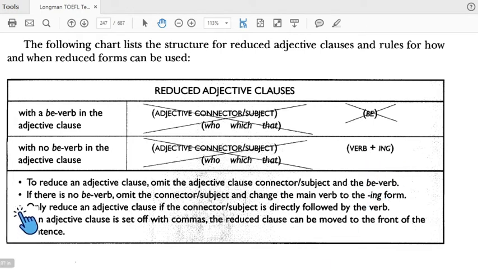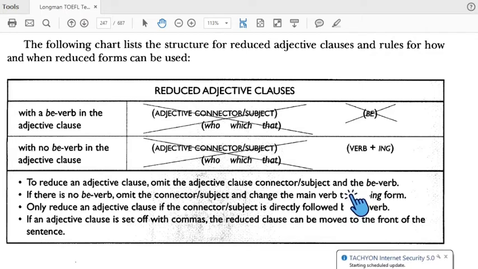Okay, to reduce an adjective clause, omit the adjective clause connector subject and the be verb. If there is no be verb, omit the connector subject and change the main verb to the ing form. Only reduce an adjective clause if the connector subject is directly followed by the verb.